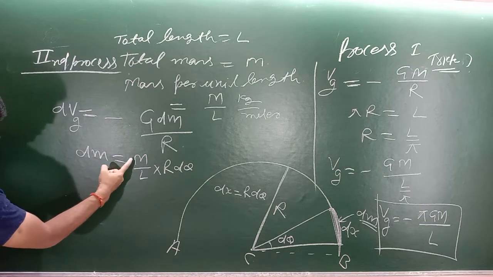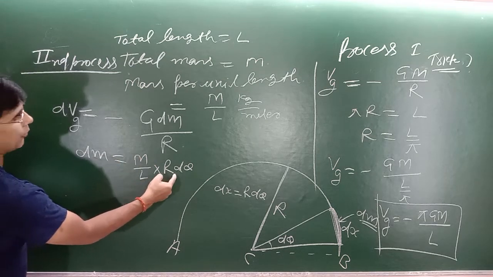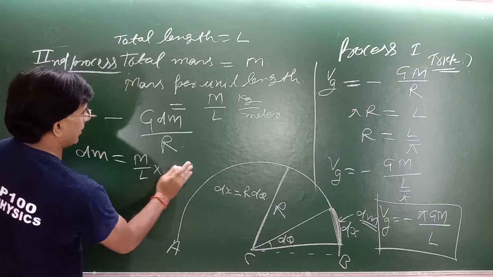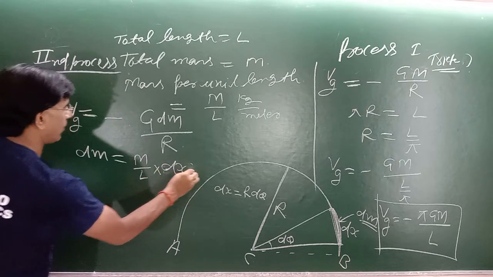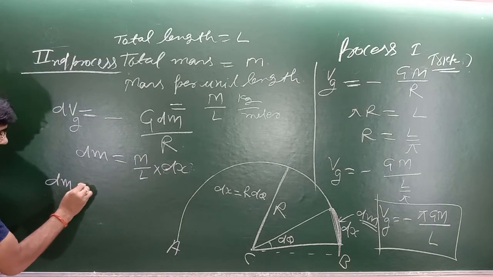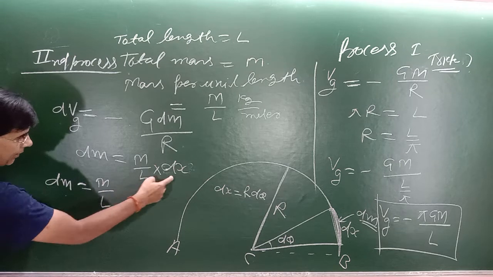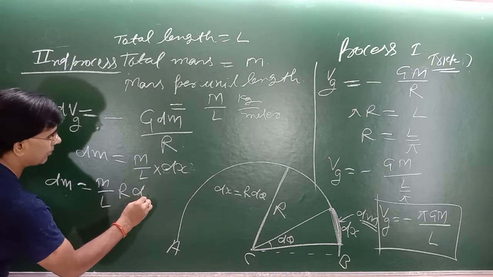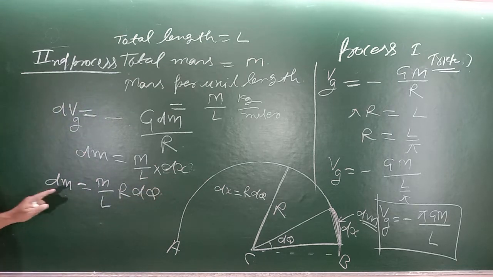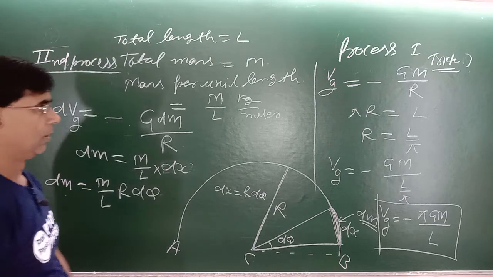Dm equal to mass per unit length into ds, that is dm equal to m by L into r d theta. This is the value of dm. Note the point.